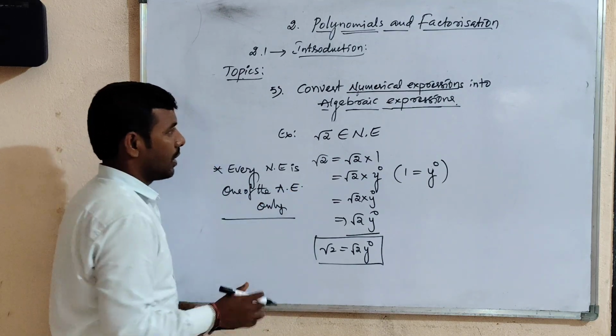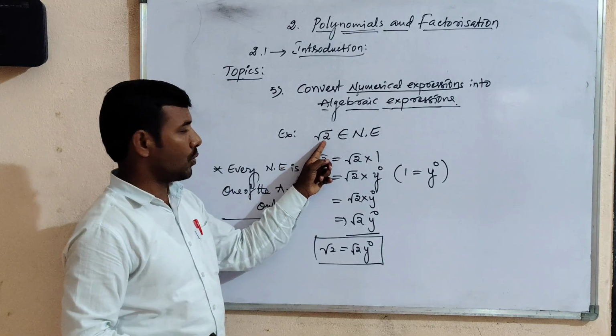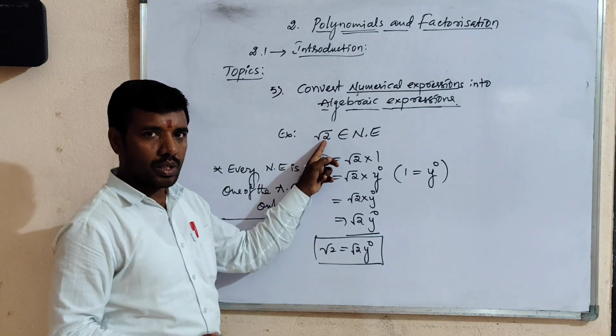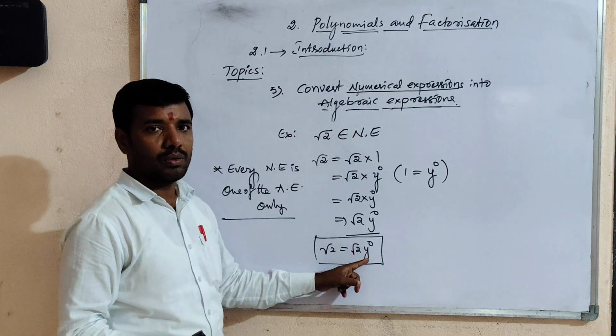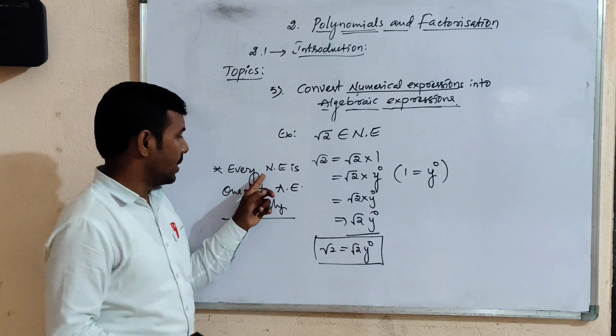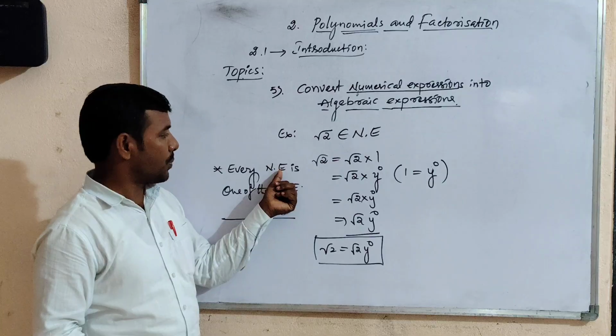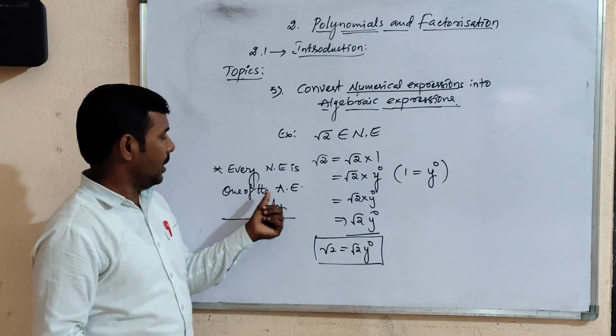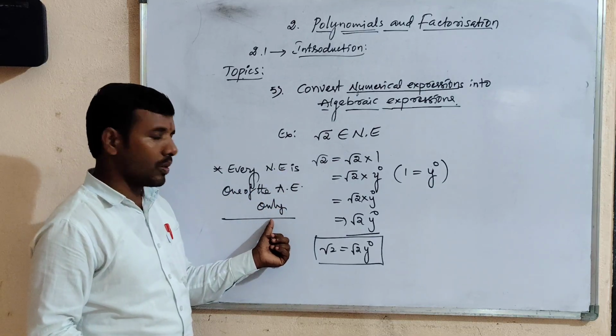Can I call square root of 2 an algebraic expression? Yes. Why? Because we can convert it. What is the statement? Every numerical expression is one of the algebraic expressions only.